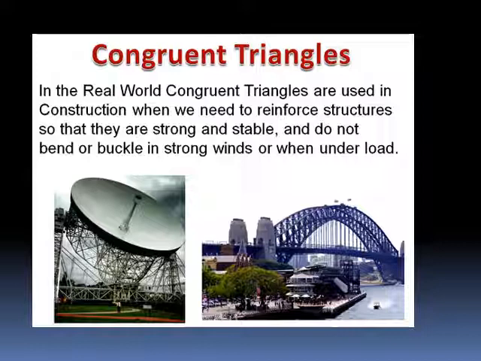In the second figure, there are so many triangles in the bridge which make it strong and stable, proving that the triangle is the strongest shape of all. So here you can see there are so many congruent triangles used to make a monument or a bridge strong and stable.